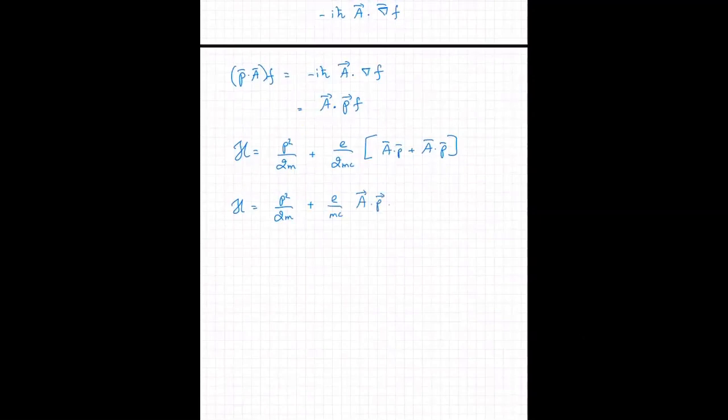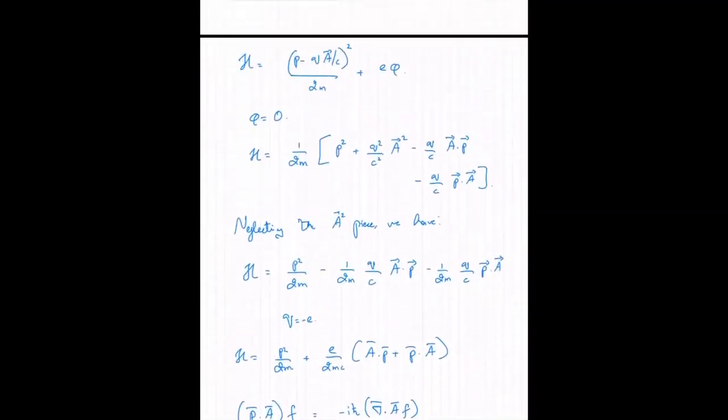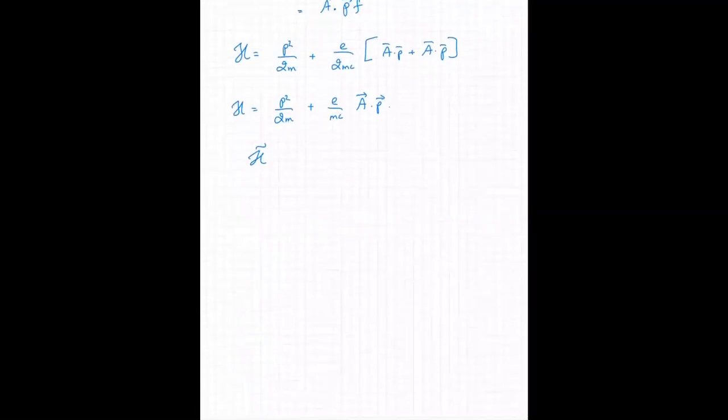The perturbation operator is basically e over mc A dot p. So the H tilde, whatever we have called it, is in our case e over mc A dot p. Now, what is this equal to?